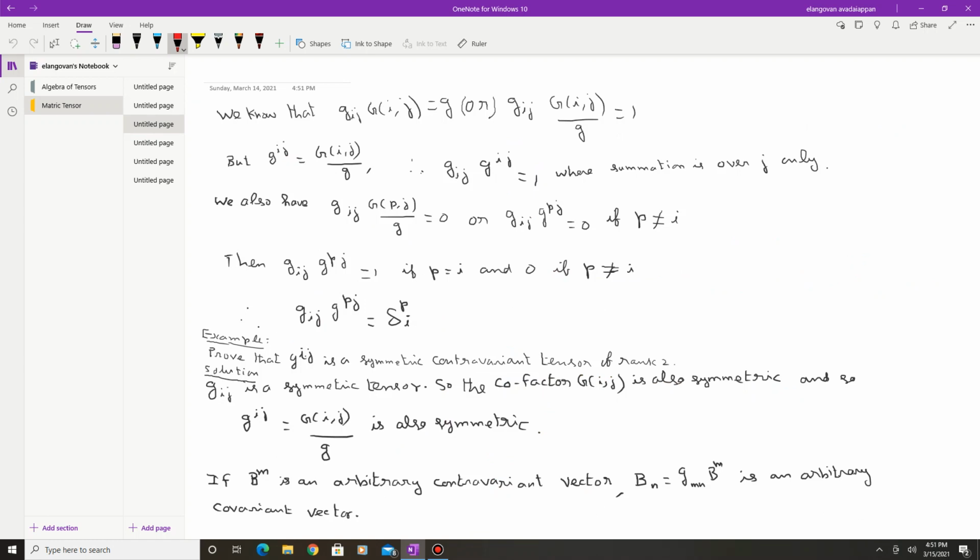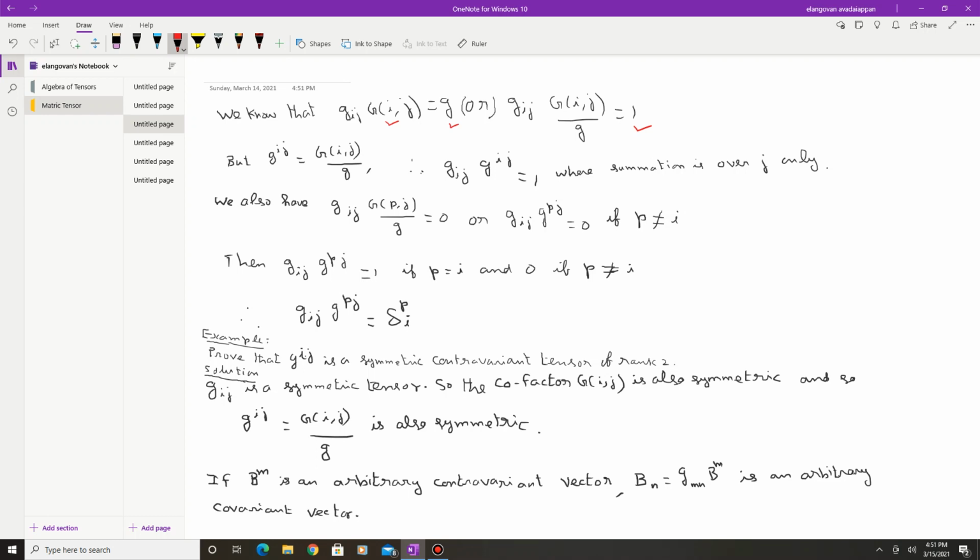Now we know that g_ij, the covariant tensor of rank 2, multiplied by its cofactor gives the determinant g. From this, if you take g in the denominator, you get g_ij into G_ij, the cofactor divided by g, which is equal to 1.